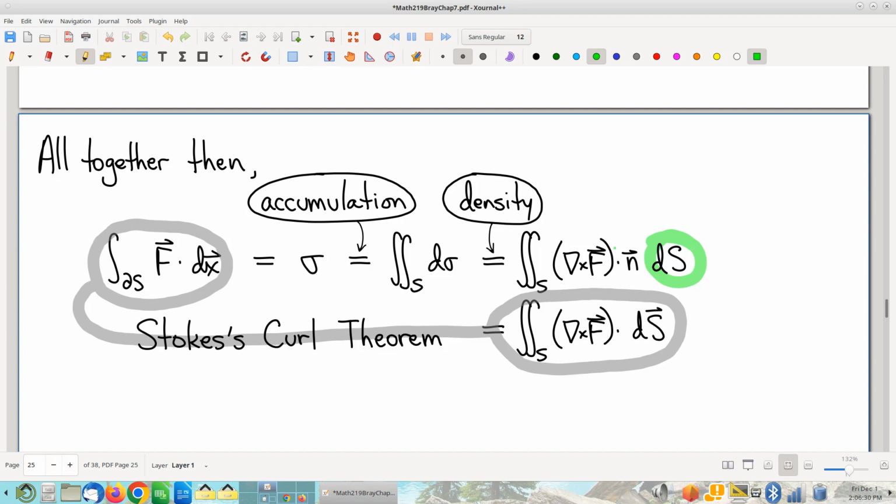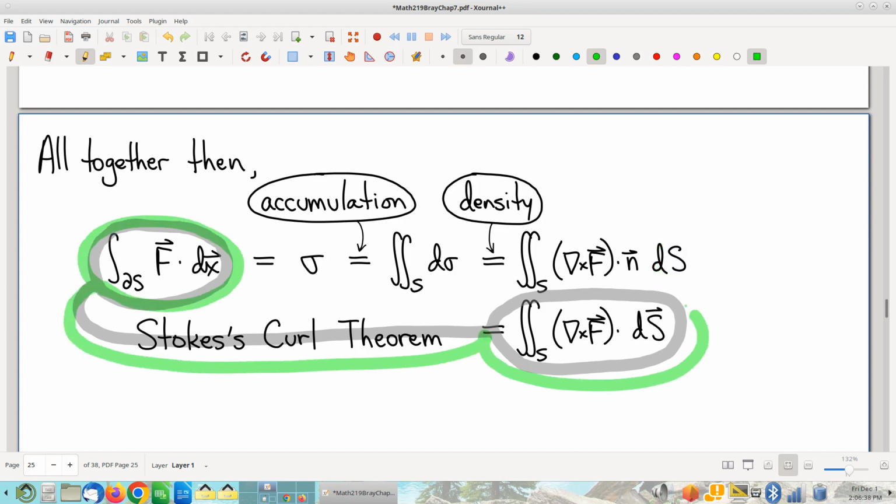And yet, weirdly, what we see here now is that I can think instead of circulation as being not a scalar surface integral, but a flux integral, a vector surface integral. And that's weird. That's unexpected. Everybody happy?